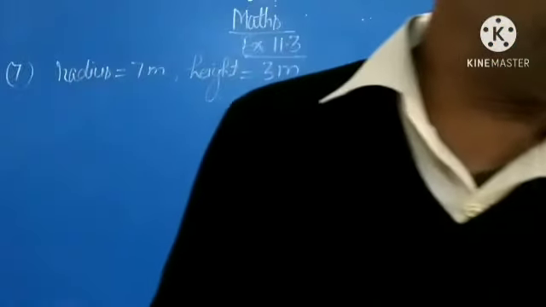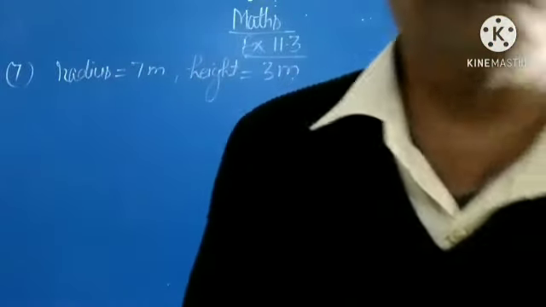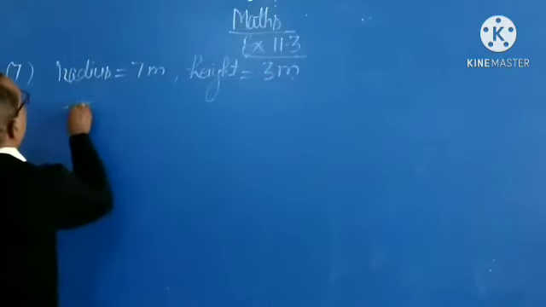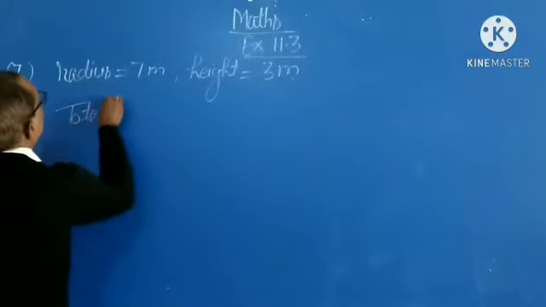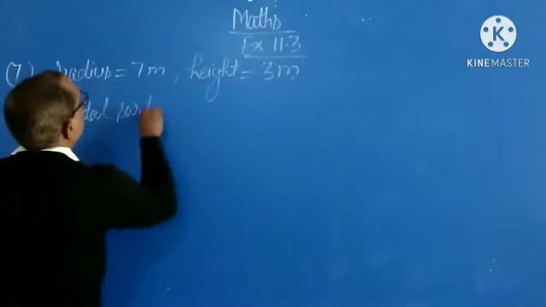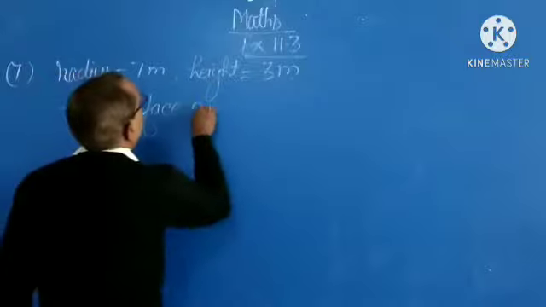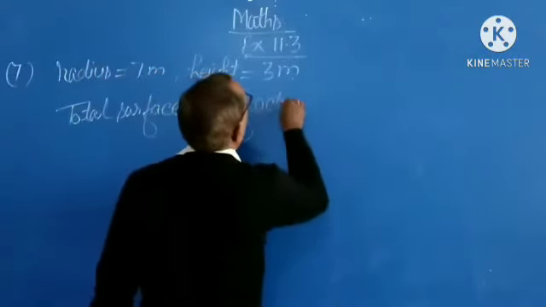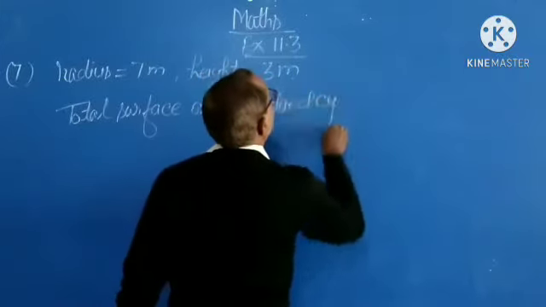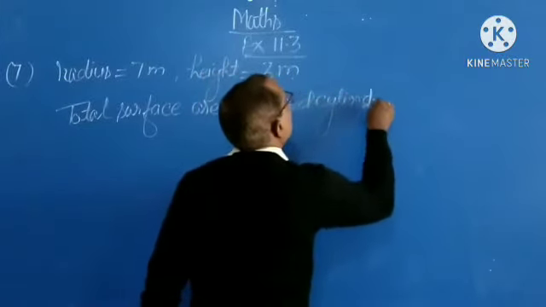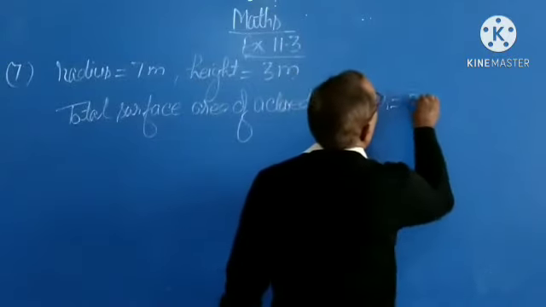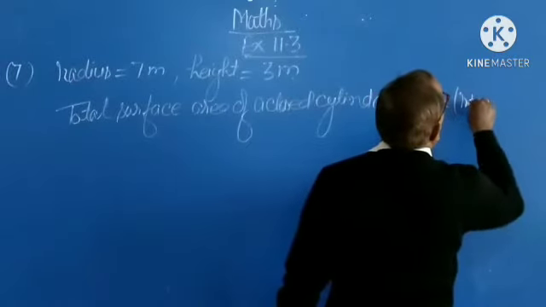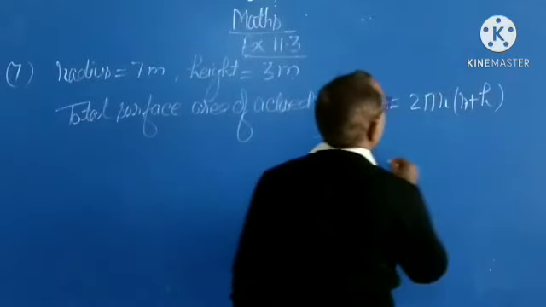Radius is equal to 7 meter and height is equal to 3 meter. You find out total surface area of a closed cylinder, that is equal to 2 pi r in the bracket r plus h.